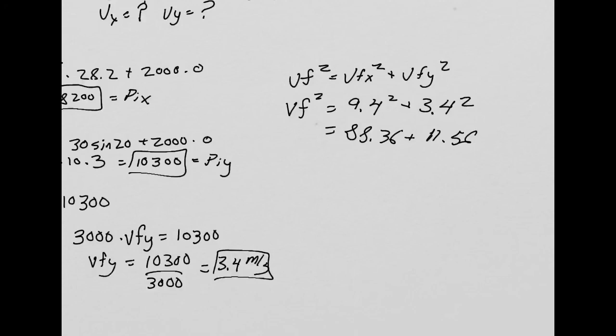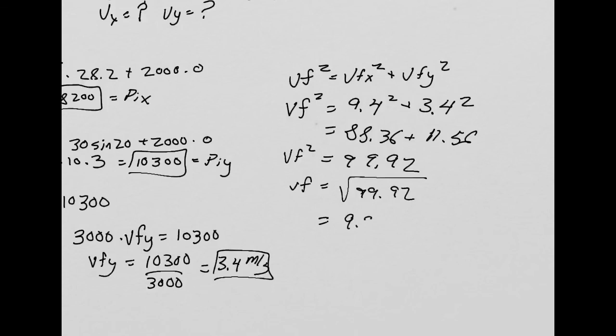So that plus 88.36 is 99.92. And the square root of that, so Vf squared is this, Vf is the square root of 99.92, and that is 9.96 meters per second. So the final velocity of the cars after they've crashed moves at 9.96 meters per second.